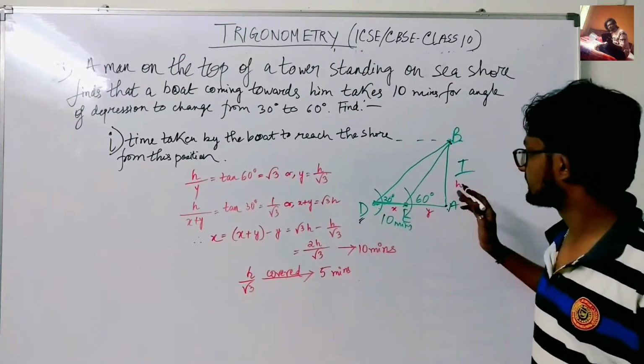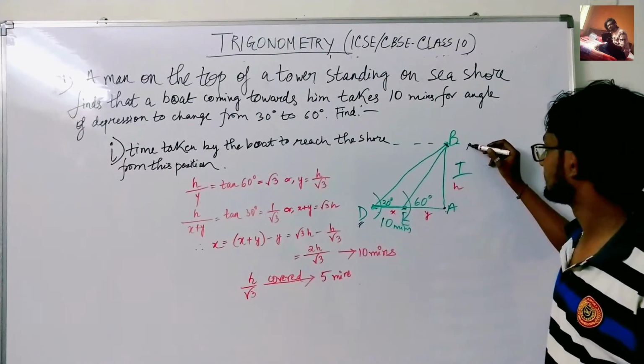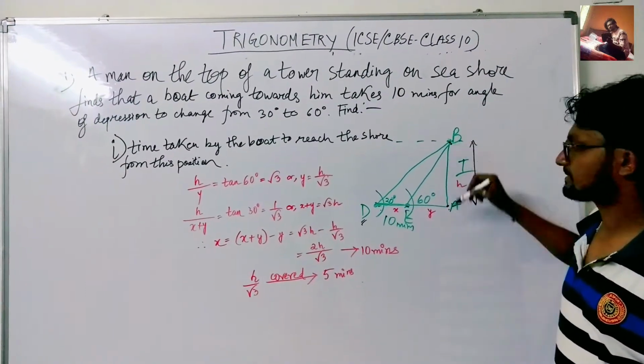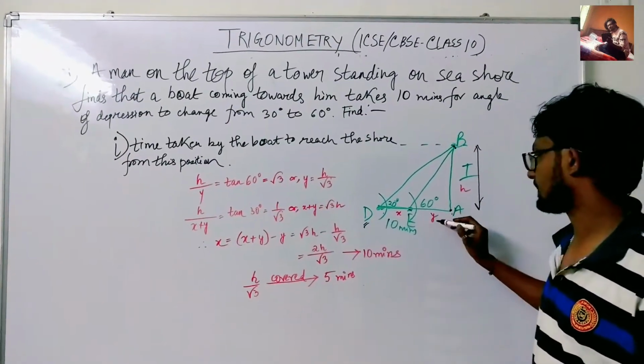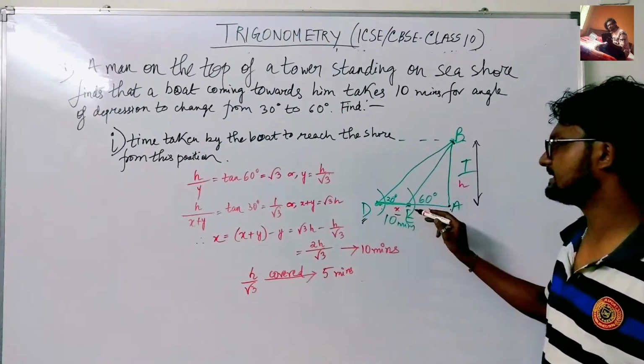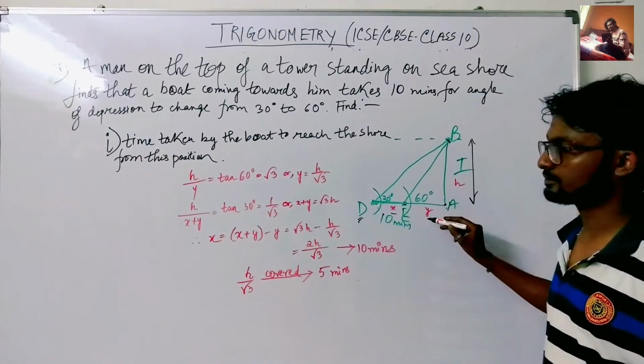Here I have drawn a figure. Let H be the full tower height, and I have taken DE as X and EA as Y.